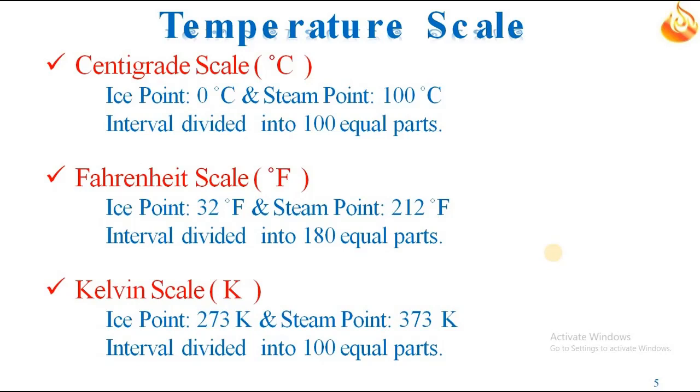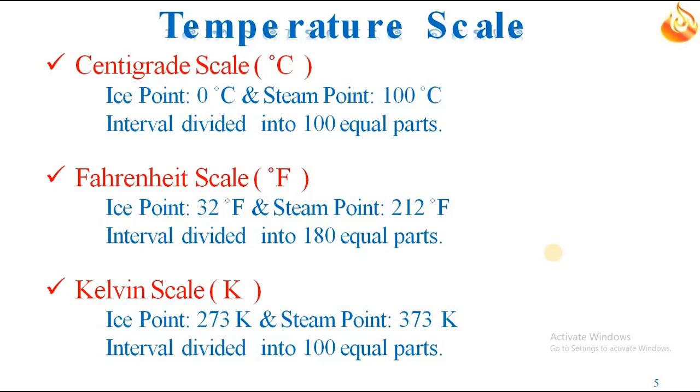Now let's see the next scale. Next is the Fahrenheit scale. For the Fahrenheit scale, the ice point is 32 degree Fahrenheit and the boiling point is 212 degree Fahrenheit. The internal division is not required here. Just remember how the centigrade scale was designed: the freezing point and boiling point of water were taken as a reference, and the region between them was divided into 100 equal parts.